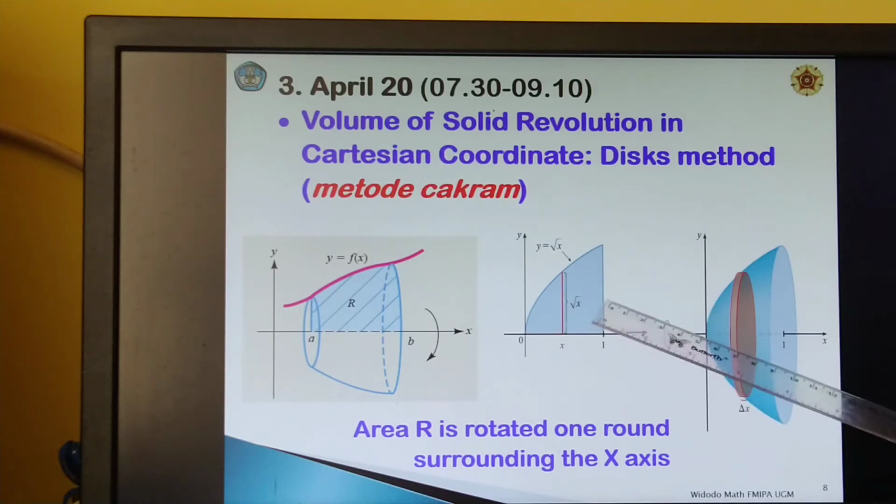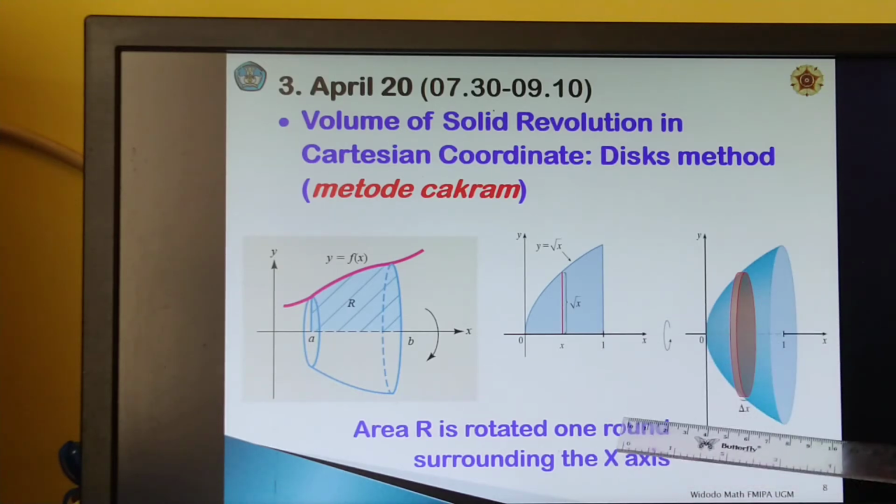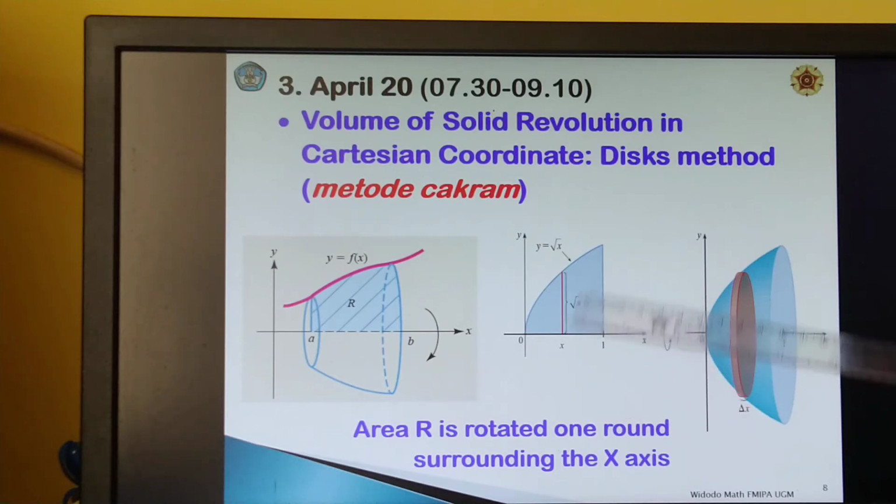If the area is rotated one round around the x-axis, then we have the third picture. The third picture is also a solid of revolution, obtained by rotating R one round around the x-axis.